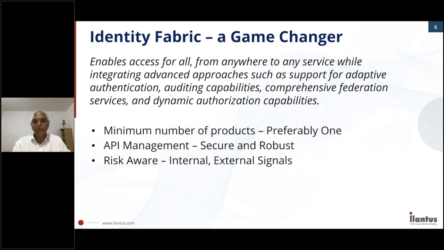The fabric also has to offer risk awareness of internal and external threat signals. By the way, Compact Identity would very shortly have its first risk engine, which would make it a highly risk-aware identity technology, able to generate and consume both internal and external risk signals.